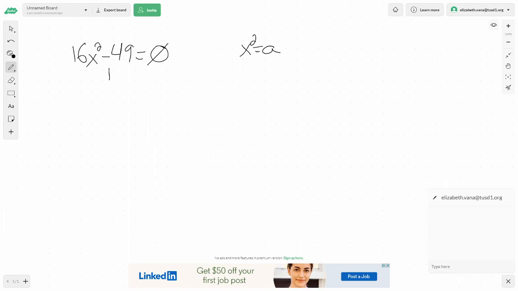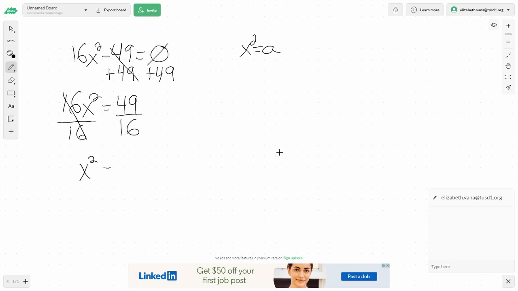So I'm going to add 49 to both sides to get that out of there. Now I'm left with 16x squared equals 49. My next step is to divide by 16 to get x squared by itself. And now I have x squared equals 49 over 16.